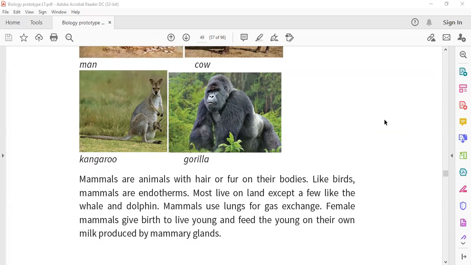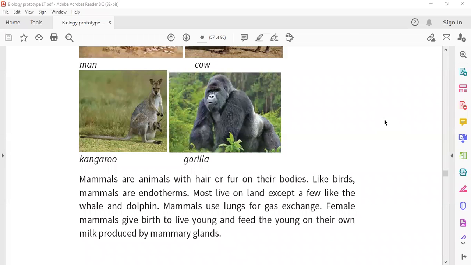Teacher, is a bat a mammal? Yes, true. A bat is a mammal. Bats are mammals, okay? Because they have all the features of the mammals. Although they have a membranous wing, which they use mostly for flight, they possess all the other characteristics of mammals.